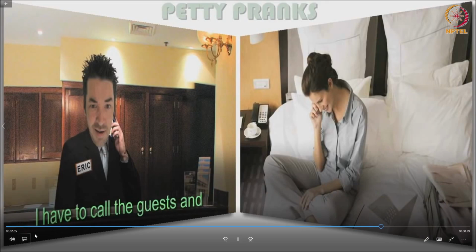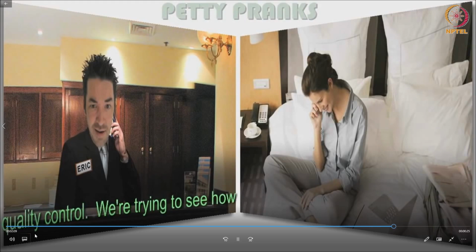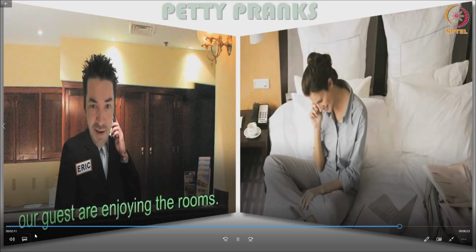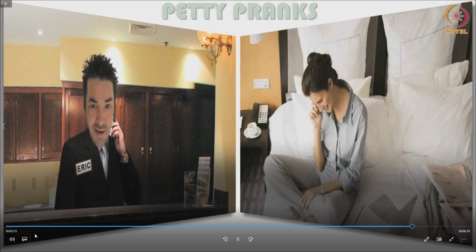I have to call the guest and, you know, basically it's like quality control. We're trying to see how our guests are enjoying the rooms. Okay. So, the pillows are fine. So would that be like a yes or a no? A no. A no meaning that, okay, no I think no was good, right?